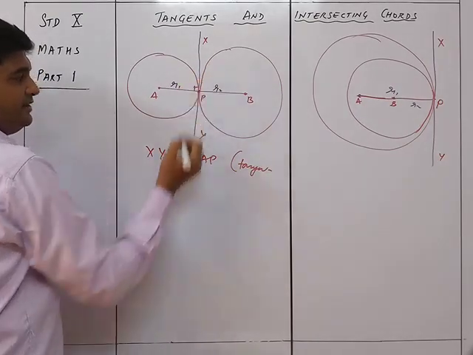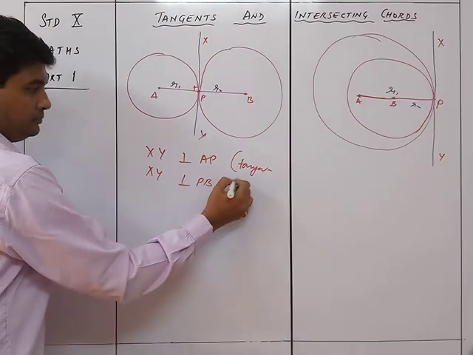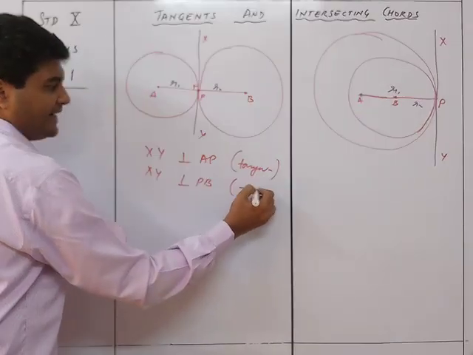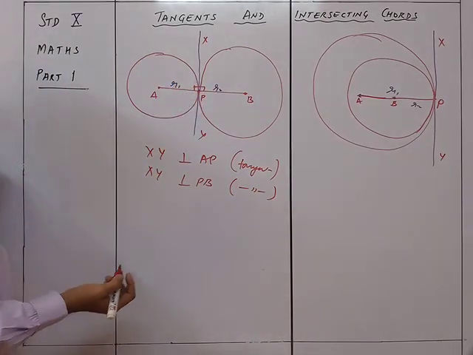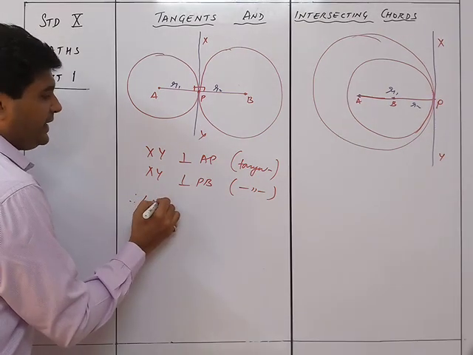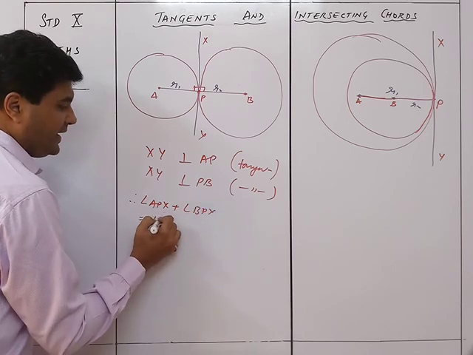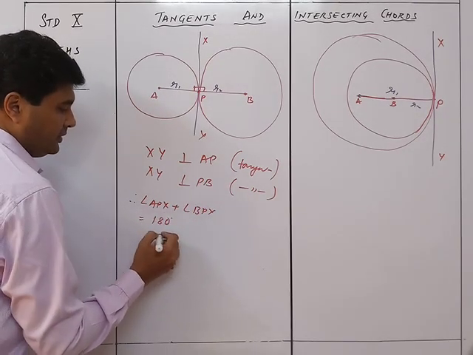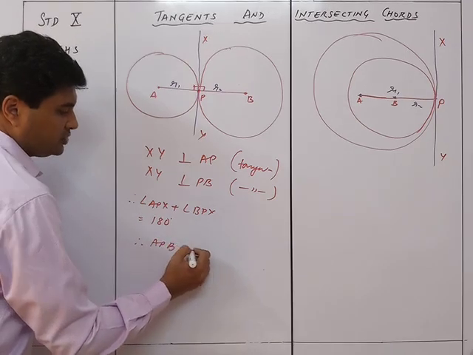So this is 90 degrees. Similarly, XY is perpendicular to PB because again it is a tangent. So if both are 90, then automatically it becomes a linear pair. Therefore, angle APX plus angle BPX is equal to 180 degrees. Therefore, APB is a straight line.